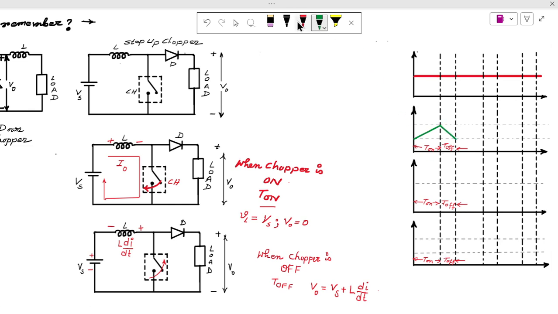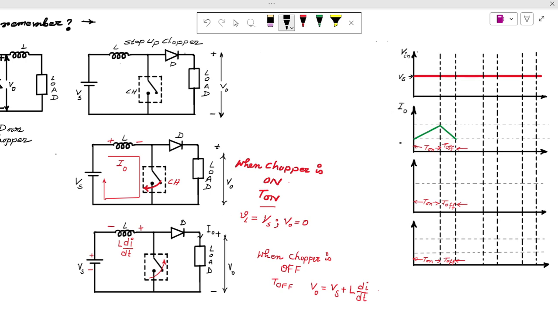So what will be the value? This is our output voltage V0. This is our V input, which is equal to Vs. It is our current I0, which is flowing through this load just now.